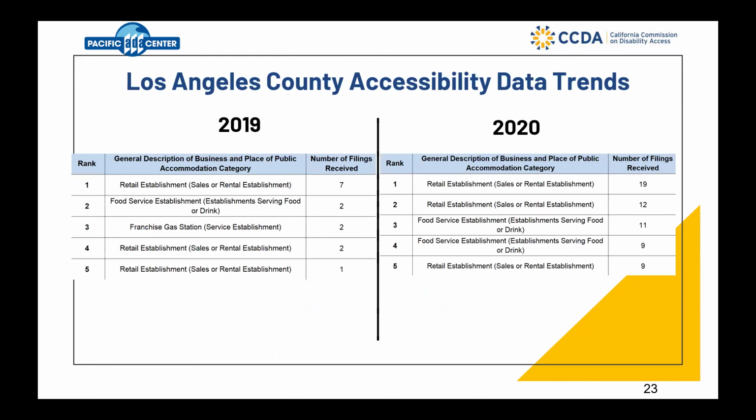And so let's talk a little bit about the accessibility trends throughout the years, before I turn it to Jan. In 2019, the top 5 rankings of the types of public accommodation category were retail, food service, franchise gas station, retail establishment sales, and another type of retail establishment sales, similar in 2020.